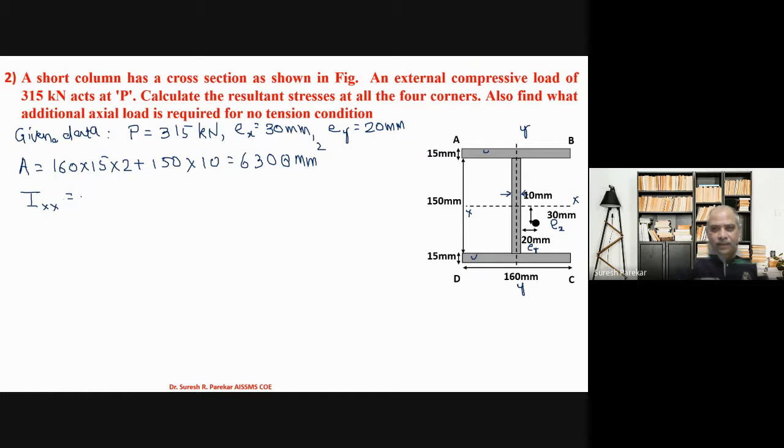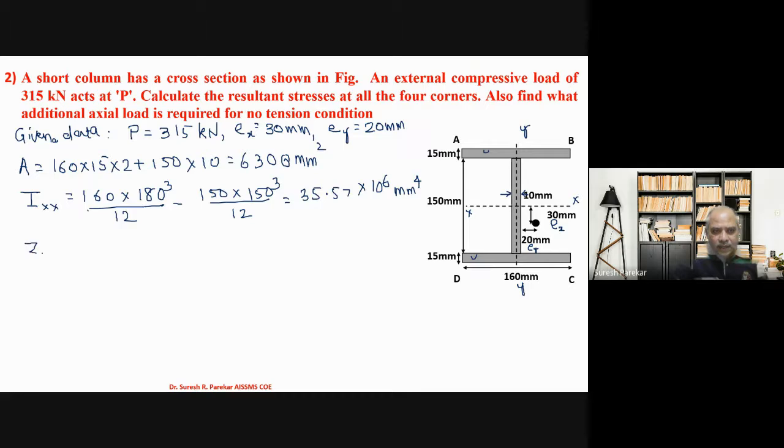So we will have 160 into 180 cube by 12 minus 150 into 150 cube by 12, and that value we will get it as 35.57 into 10 raised to 6 millimeter to the power 4.